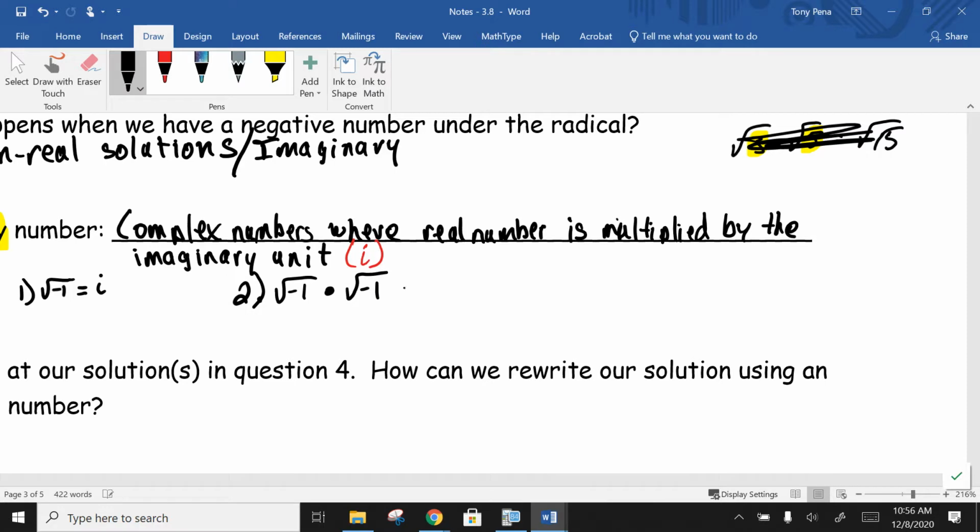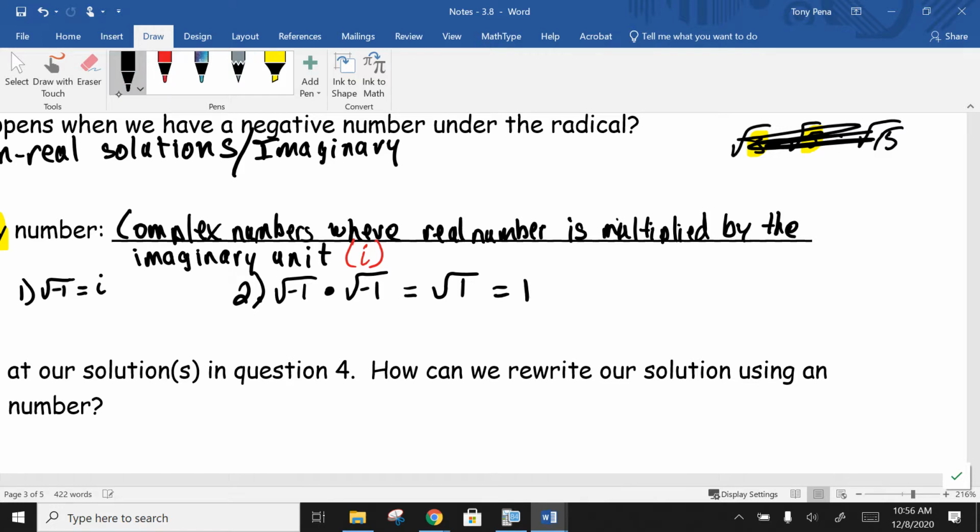Because that we can do, right? Since they're both underneath the radical, can't we now do a negative 1, multiply it by a negative 1, and that turns into a positive 1? And then can we do the square root of 1? Yeah, and that should give us a 1. The reason I want you to now do that, and hopefully you left a little space underneath there, so I kind of deliberately left this space.